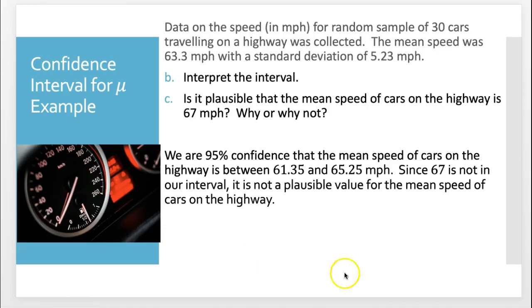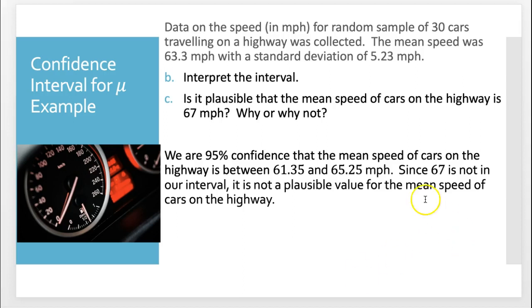So in the end, we're 95% confident that the mean speed of cars on the highway is between 61.35 and 65.25 miles per hour. So someone walks in and says, is 67 a possible mean?